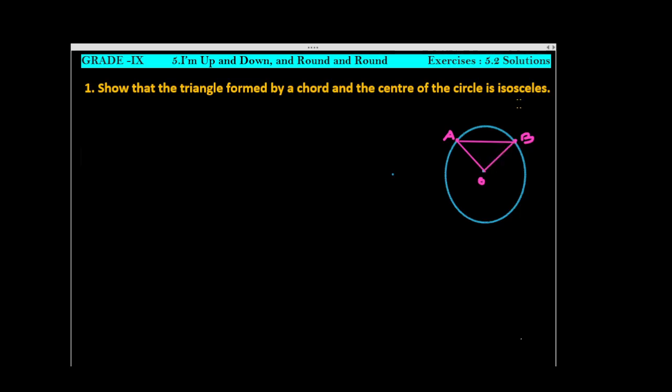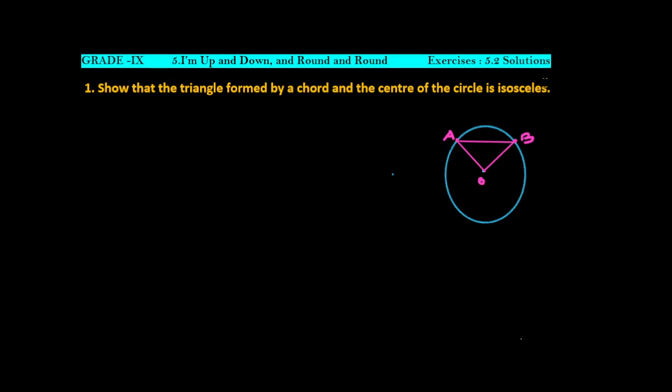We have to prove this triangle is an isosceles triangle. Here is a very simple question. Whenever there are logic based questions, we need to write given and to prove.